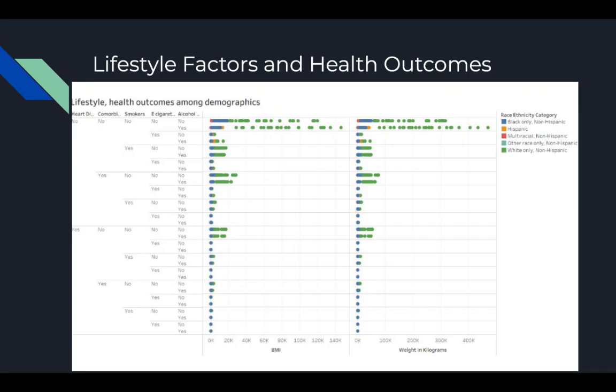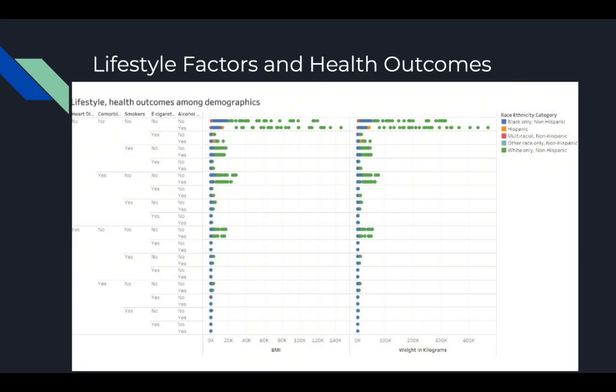Both of these measures are given as sums, properly representing aggregate values in groups. So distributions of health attributes across ethnic groups, and different colors represent different ethnic groups: Black, Hispanic, multiracial, other, and white. The use of color in the dots, the green and the blue mainly, may indicate the proportionality or the concentration of these attributes within that group.